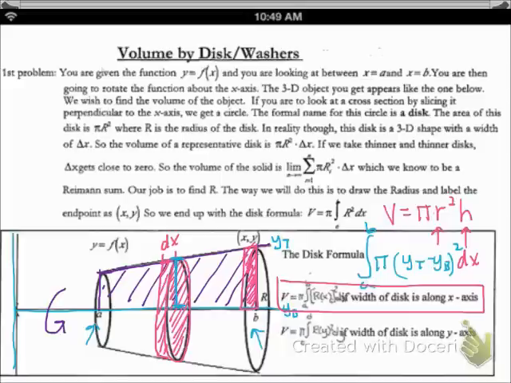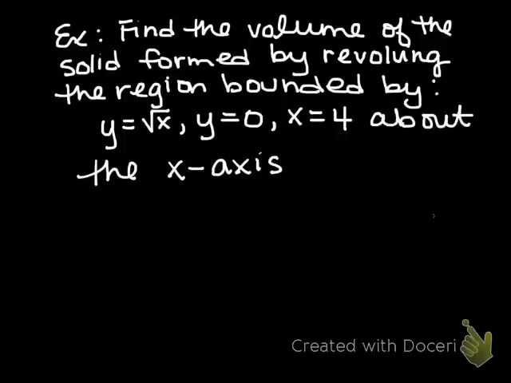And this is if the width of the disk is along the x-axis. So when we look at these cross sections, if you are able to see that you line these up so that the thickness or the height of that particular cylinder or disk is along the x-axis, that makes it a dx problem. Okay, so let's go ahead and look at an example.